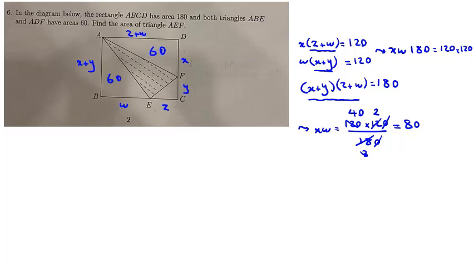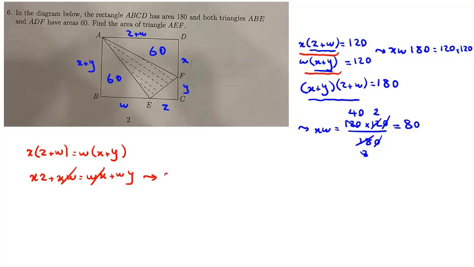Also here, we can write other things. We are writing all things that maybe are useful. We know this is 120, it is 120, so they are equal. So I can write x(z plus w) equals w(x plus y), so xz plus xw equals wx plus wy. xw we can cancel, and we conclude xz equals yw.